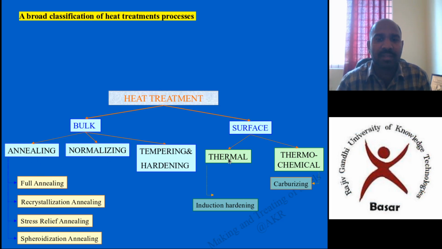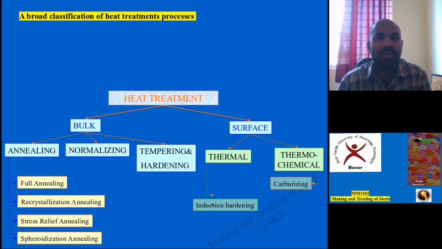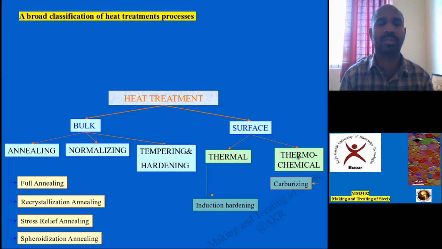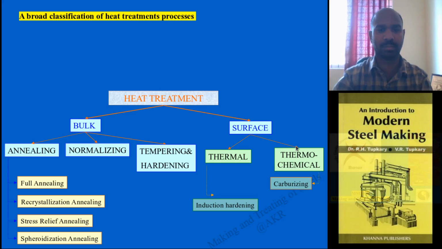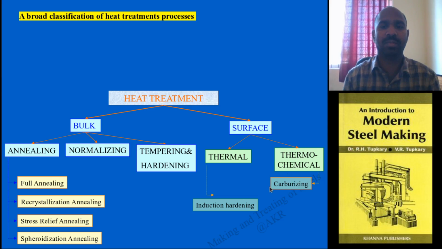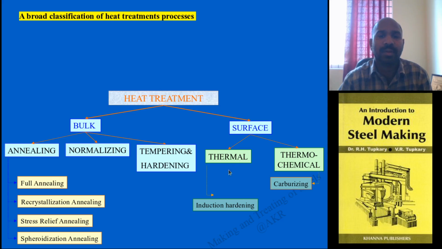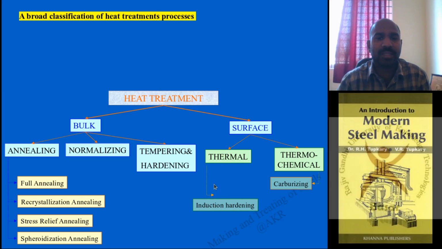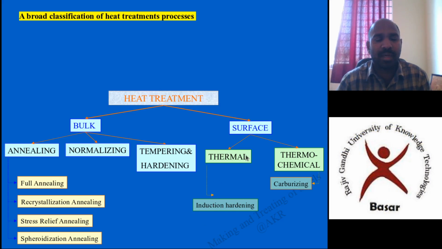Surface treatment is thermal treatment or thermochemical treatment. Thermal treatment is induction hardening, a surface hardening treatment. In thermochemical treatment such as carburizing, carbon is introduced at the surface so that the surface gets hardened. In induction treatment, the surface gets hardened by an induction furnace.